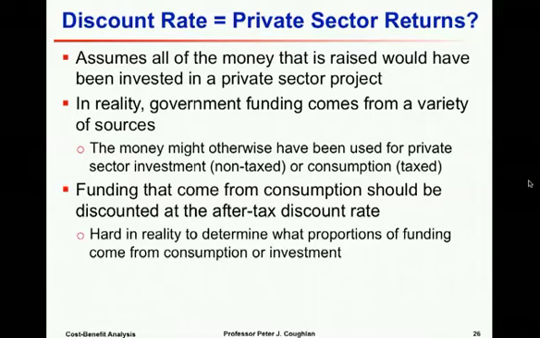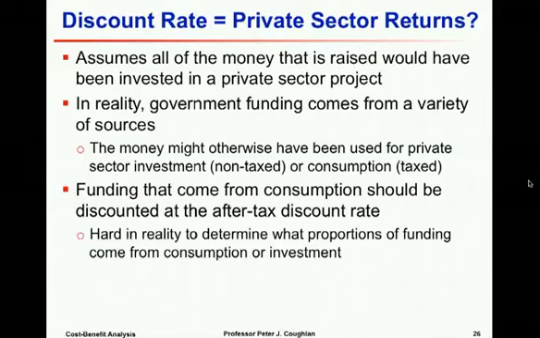So now the issue becomes, how do we adjust for the after-tax discount rate, right? Because if it was consumption, then that money would have otherwise been used for consumption, but some of that would have been taxed. So it gets complicated here, right? Because you've got to think about whether we should adjust for tax effects or not.